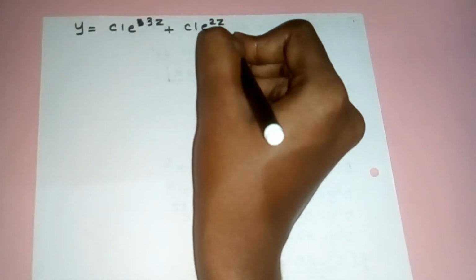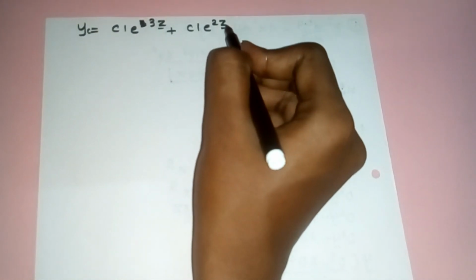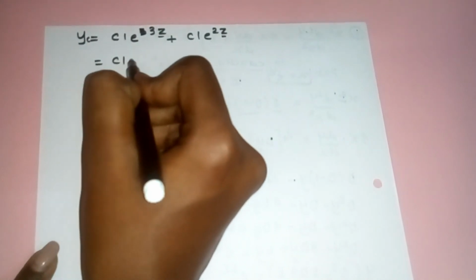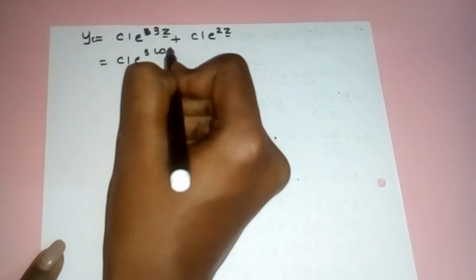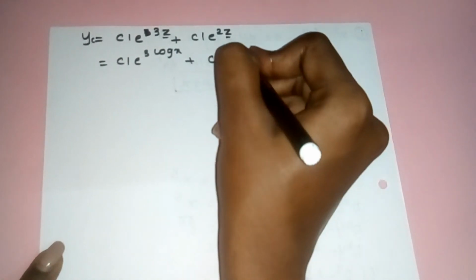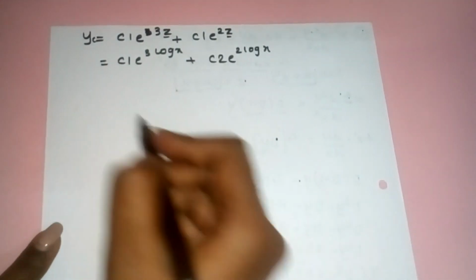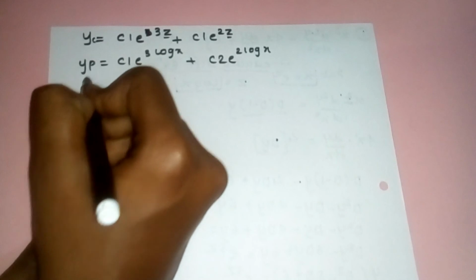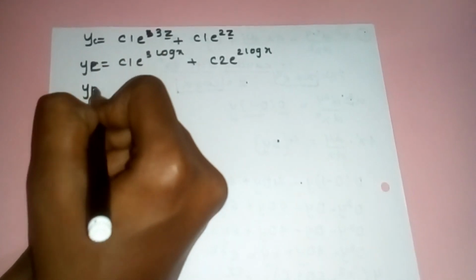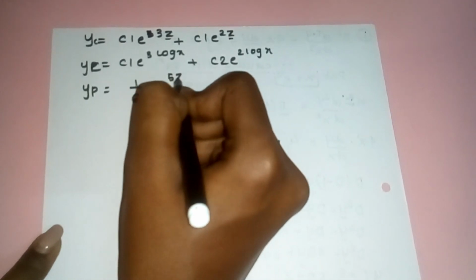Now this is yc, in the place of z we'll be putting log x. So we'll write it is c1 e raised to 3 log x plus c2 e raised to 2 log x. Okay, so this is our yc, then our yp is 1 upon 6 into e raised to 5z.